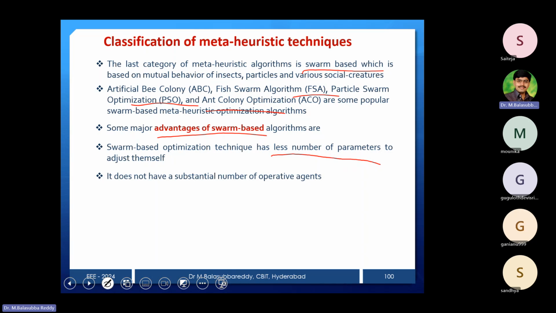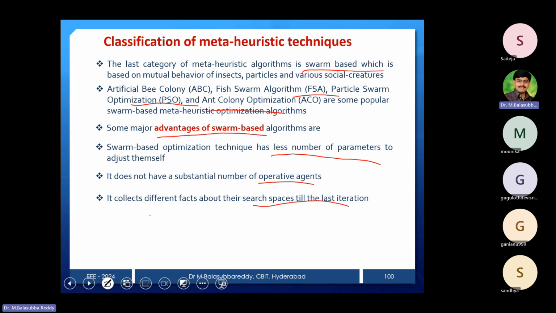It does not need a substantial number of operative agents, and it collects different facts about the search space till the last iteration. So in the first iteration you may get some information, and that information is exchanged with the other agents. After that, the process starts again, you get some more information, and that is also shared among the agents. So whether they are going in the right direction or not, we can easily tell.